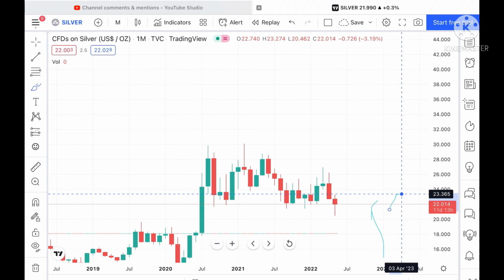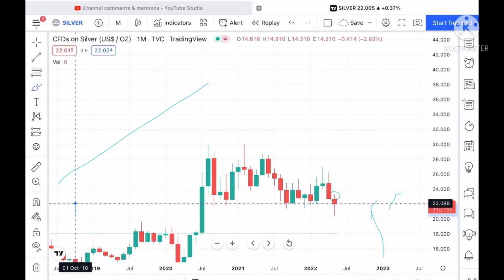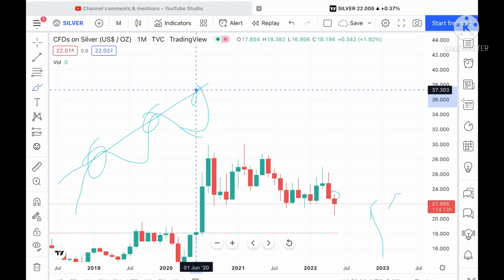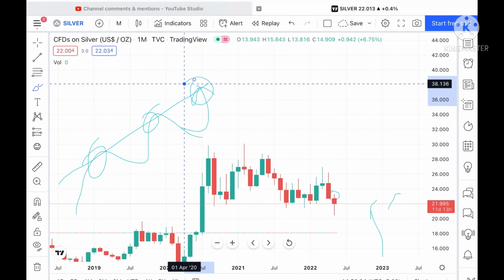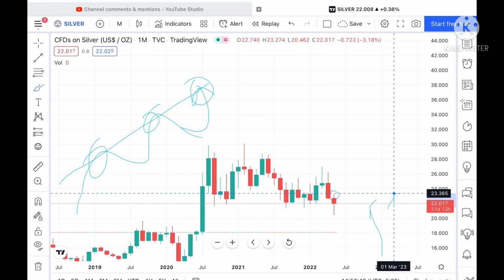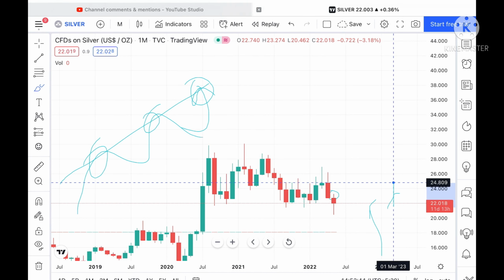This particular resistance has already been a weakened support, so the chances are high that it can move further upside. Once it touches this particular level, the probability is high it can move further upside and go and touch a level of 24.753.